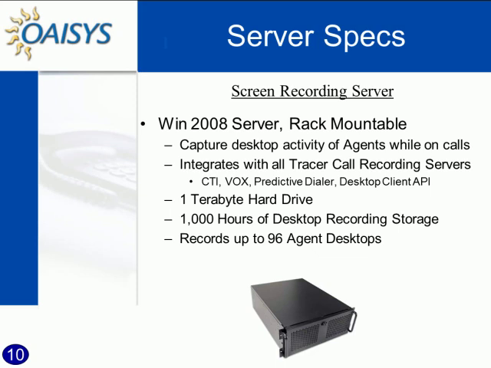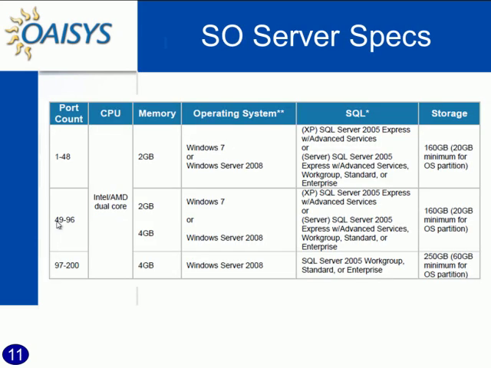So what we've just looked at are all of the physical servers that we ship out of office that are our turnkey recording servers or our turnkey screen recording servers. There are, however, other options that have been introduced at OAISYS. One of them is a software-only option. Software-only options can only be used when no physical hardware is required to record calls.